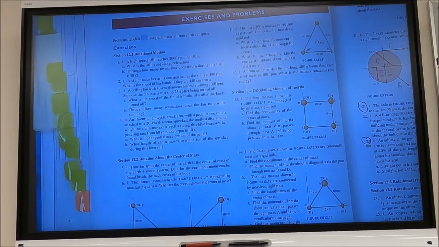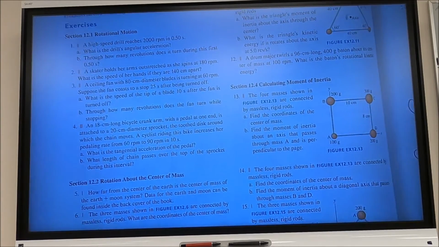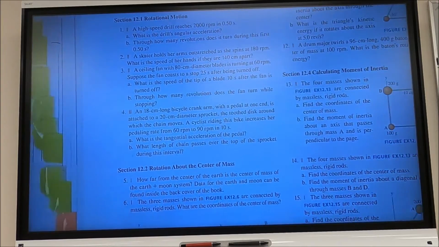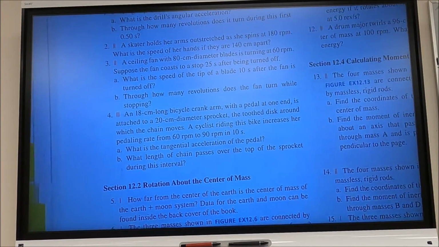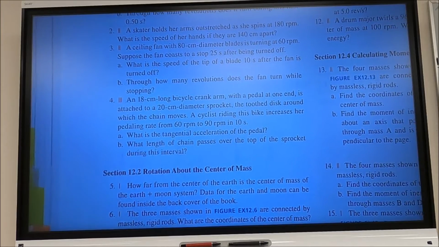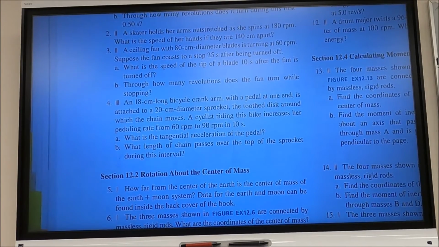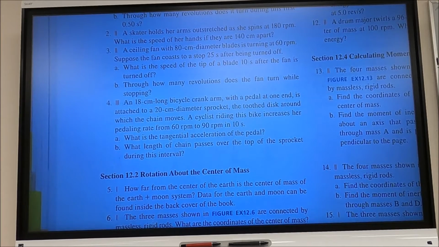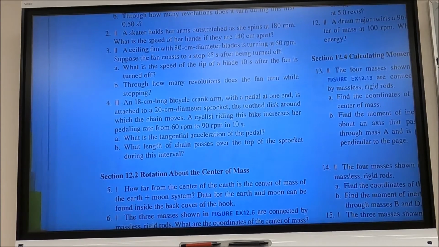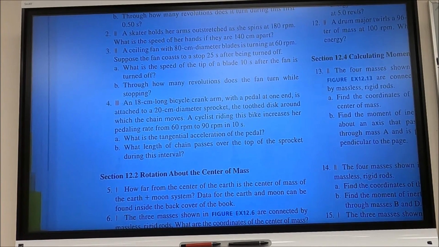It says the skater holds her arms outstretched and she's spinning at 180 RPMs. So 180 RPMs. That's our angular speed, 180 revolutions per minute. It's not in SI units, but we've got it. And it says that her hands are 140 centimeters apart.